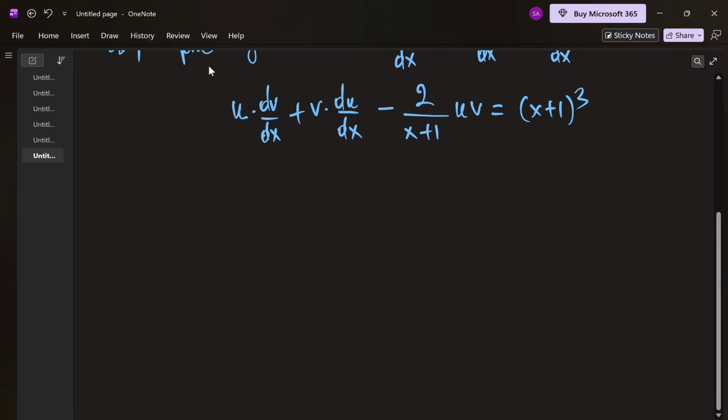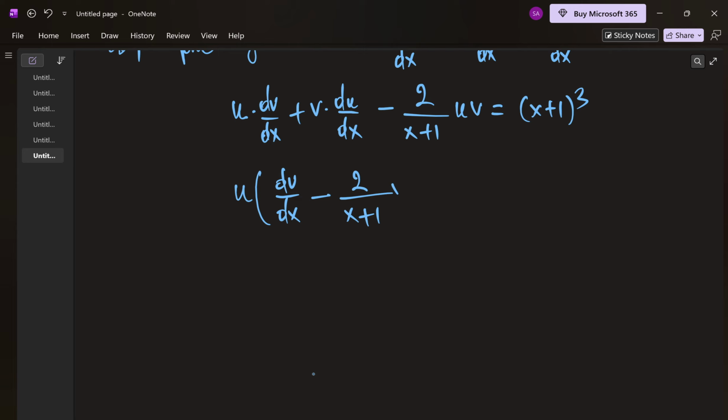So we continue. Now we factor u out and we get u times dv over dx minus 2 over x plus 1 v, plus what remains is this guy here, v times du over dx, and all of this is equal to x plus 1 to the power 3.